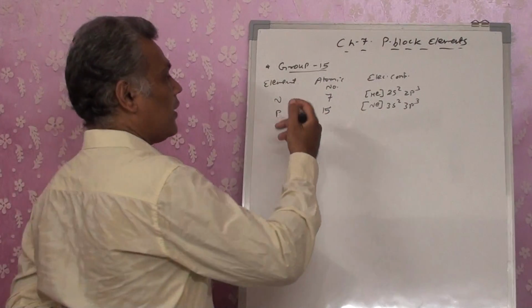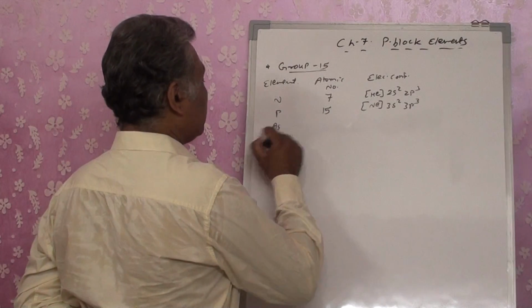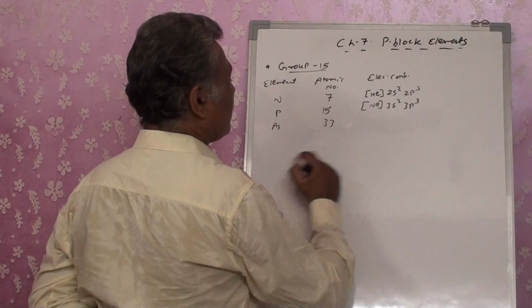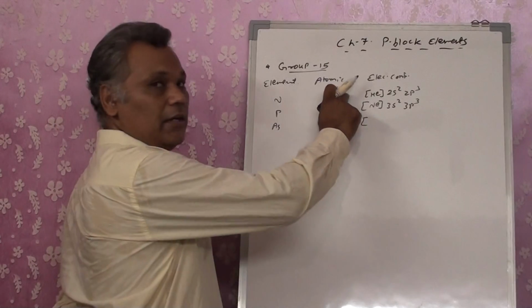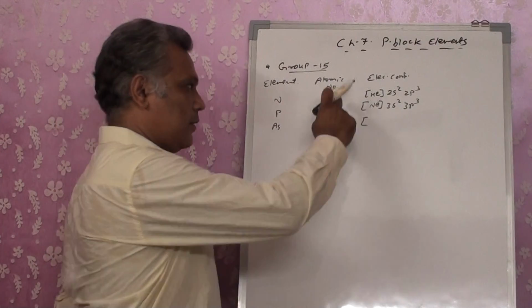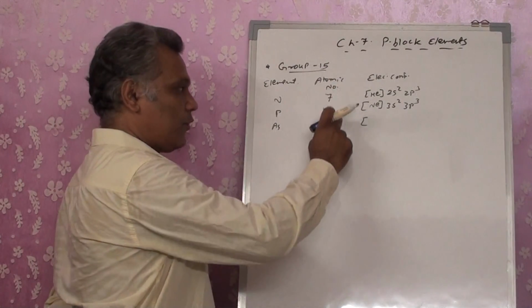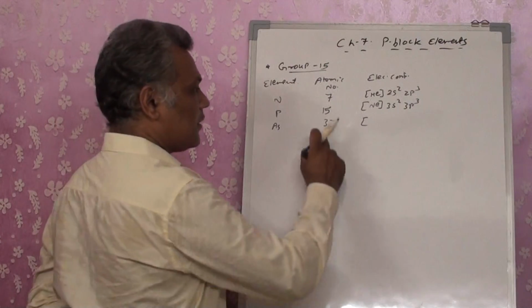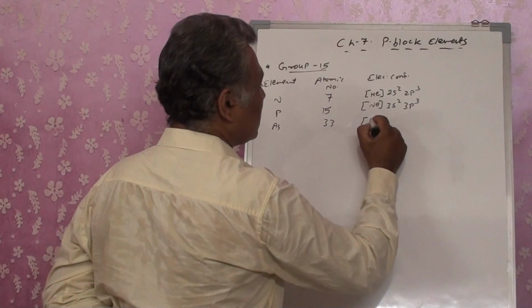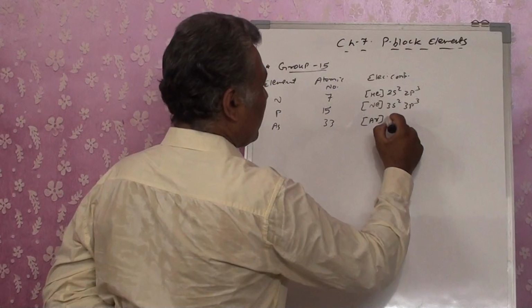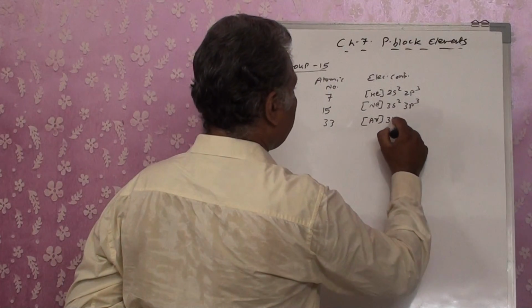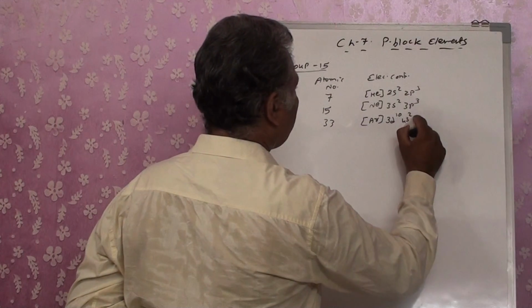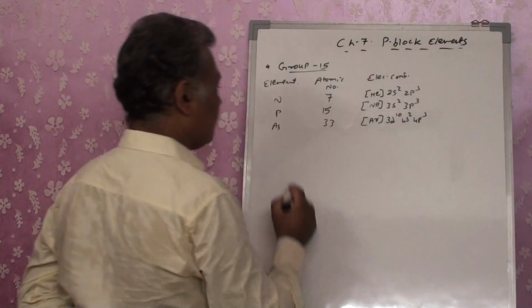Then arsenic, atomic number 33. Again I am repeating: 7 plus 8 is 15, 15 plus 18 is 33. We are going to get argon, 3d10, 4s2, 4p3.